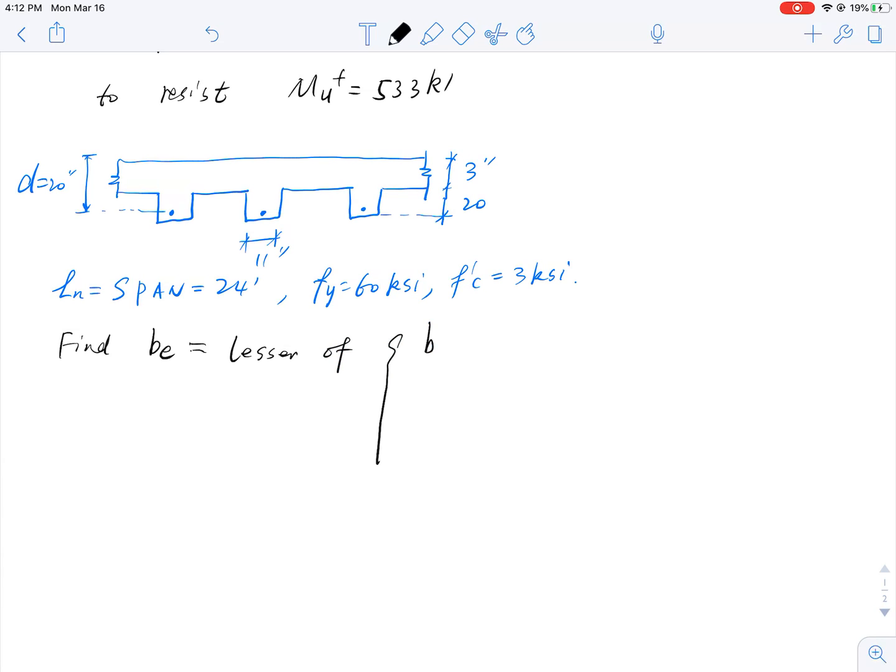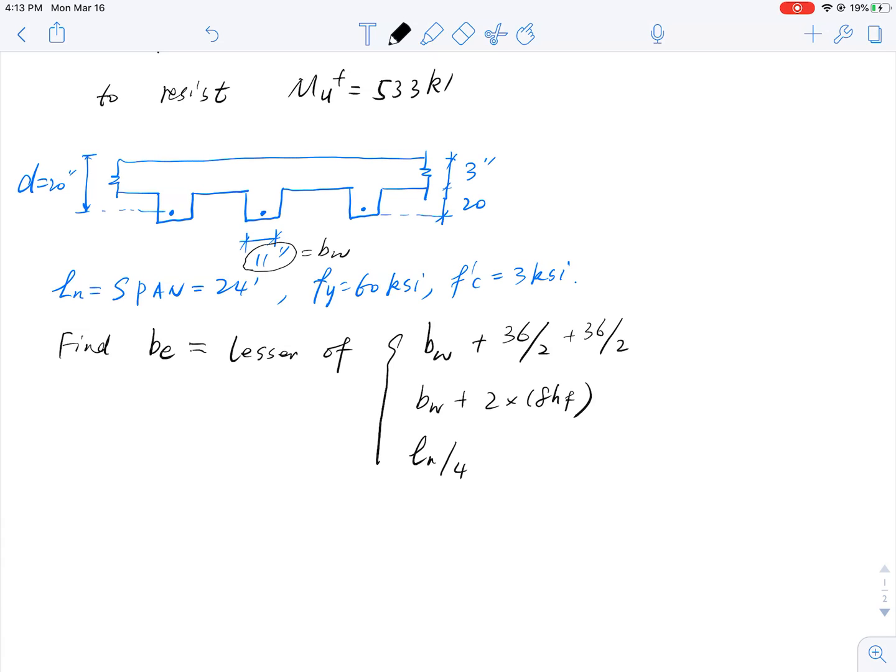First, bw, which is this fellow here, plus 36 divided by 2 plus 36 divided by 2. Then bw plus 2 times 8hf. And last but not least, Ln divided by 4.